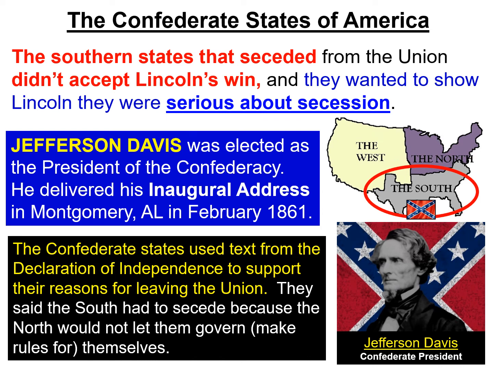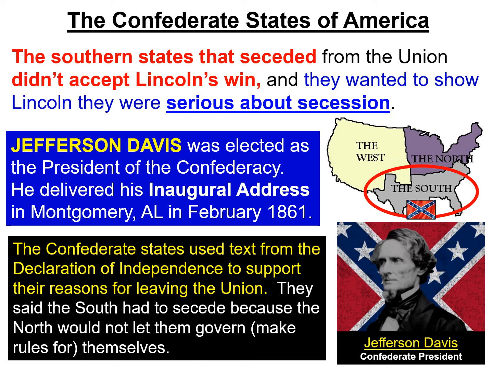Now, Jefferson Davis said that the southern states had to secede because the North was not letting them govern themselves. The North wasn't allowing them to make rules for themselves. And the North was trying to take away their rights, trying to control them too much. And so they had to.